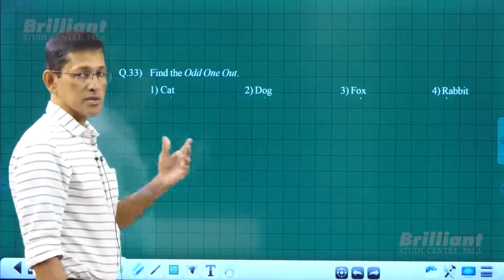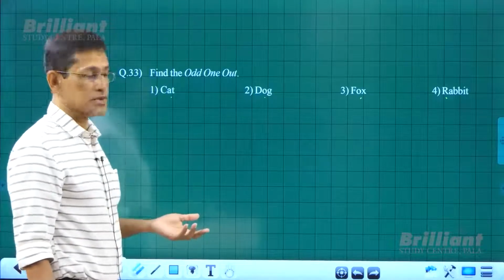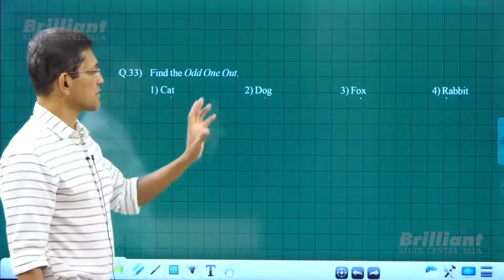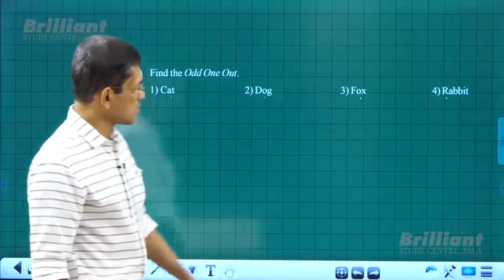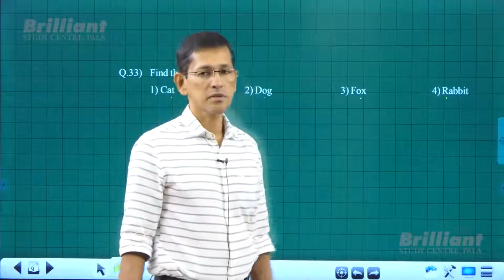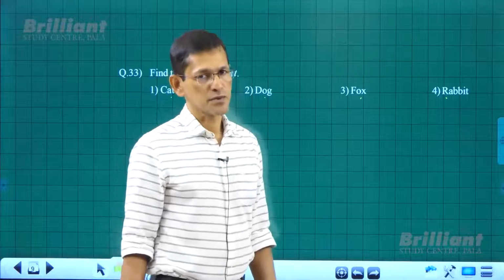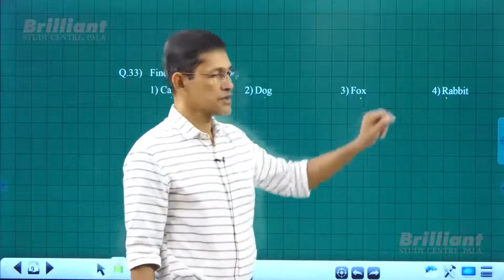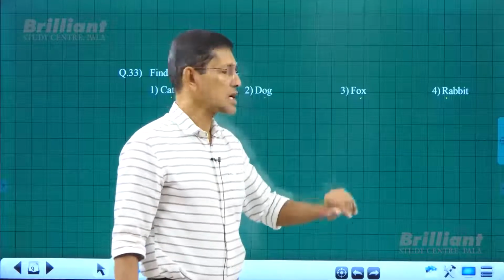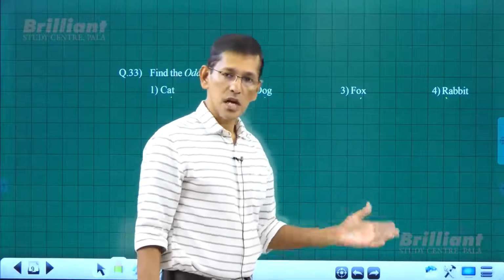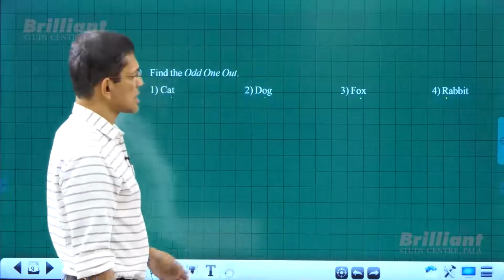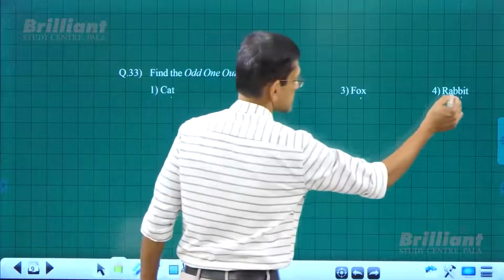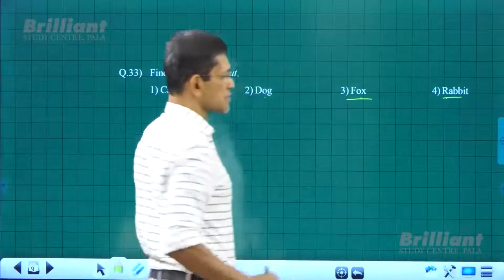Well, especially in India, but in some other countries they may use it. Anyhow, cat, dog, and fox we don't use for eating, but we use the rabbit meat as food. So in that case, rabbit is different. Or you can take rabbit as herbivores. So that's different as well. So ultimately, rabbit can be the answer, and the fox can be the answer as well.